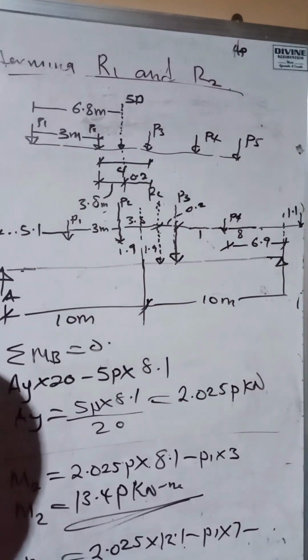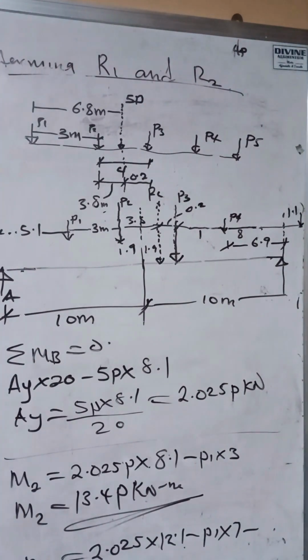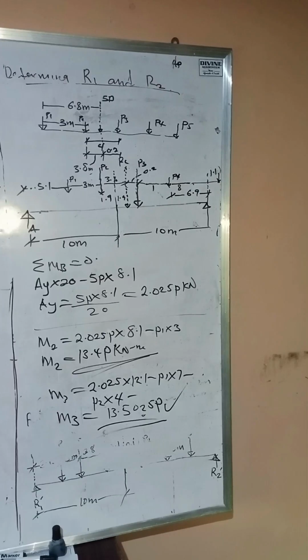So we have times 4. I think that is the highest. So moment at point 3 becomes, we have the moment M3 to be 13.5025P kilonewton meter.